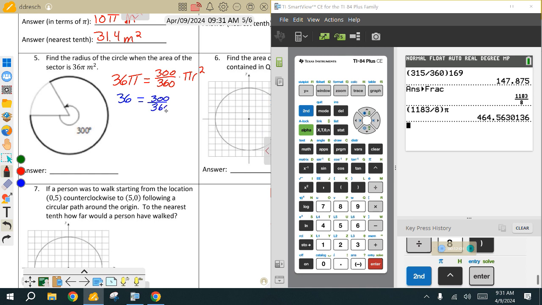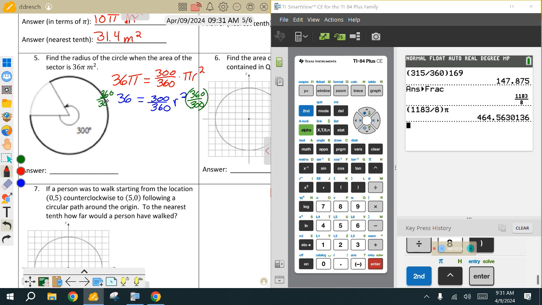But I still have to first get rid of that 300 over 360. How are we going to get rid of 300 over 360? Multiply by the reciprocal, right? By multiplying by 360 over 300 on both sides, nothing crazy.